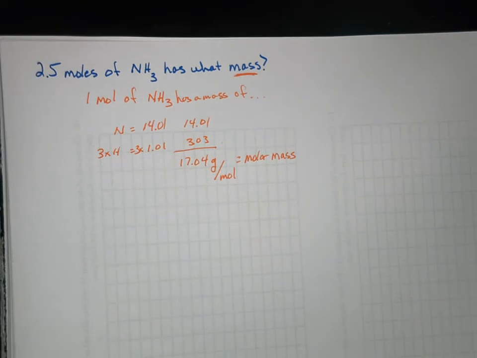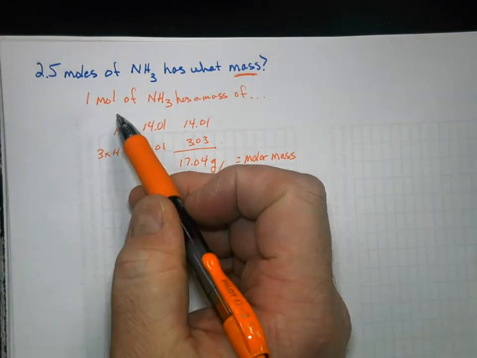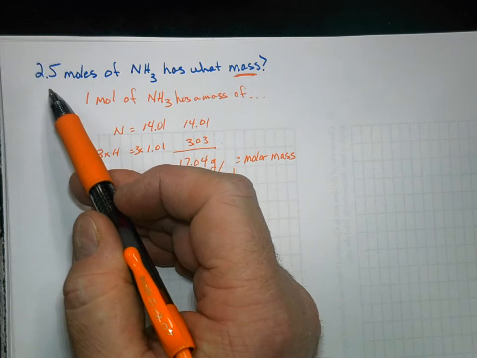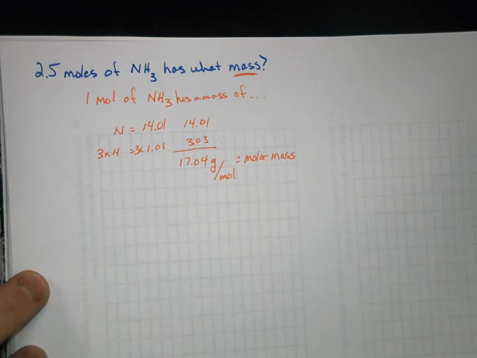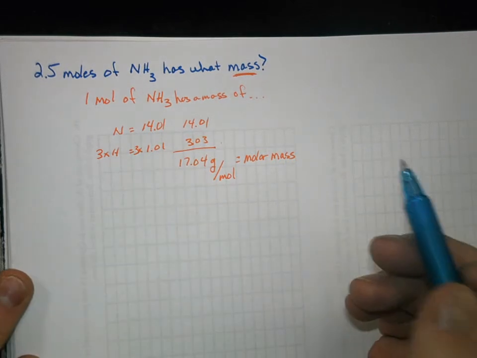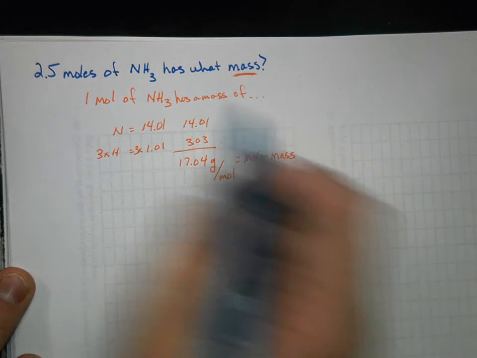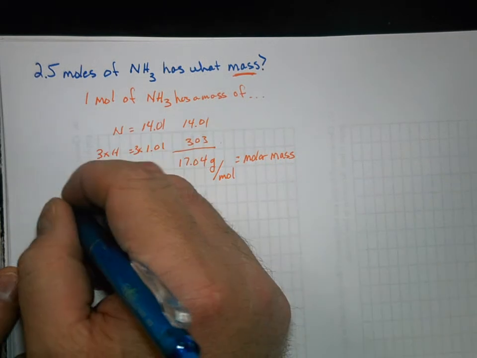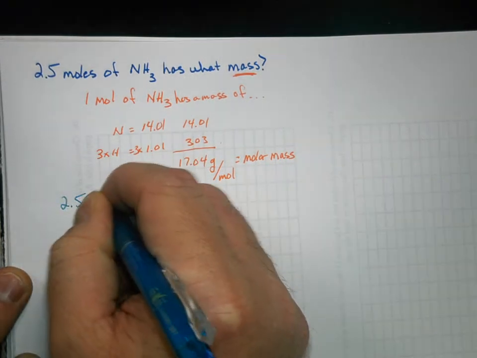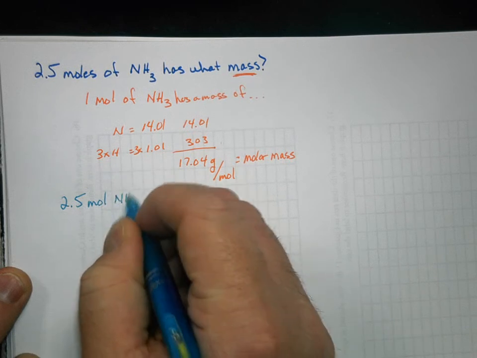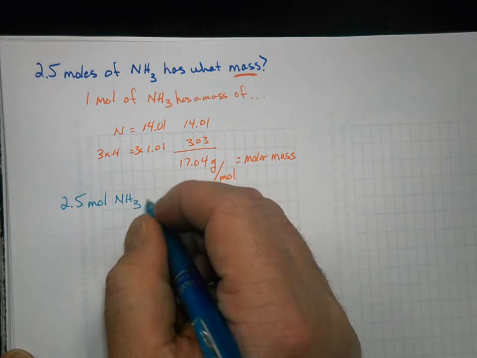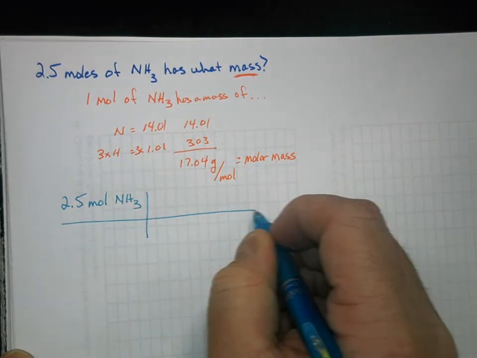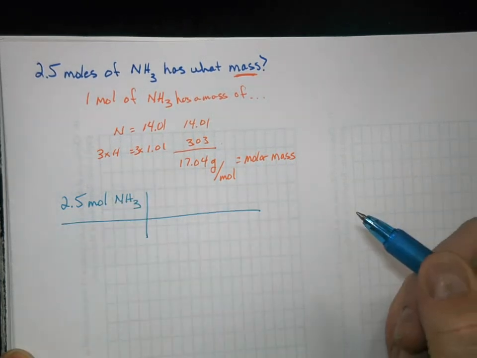So if this is the mass of 1 mole, 2.5 moles would be what? We're going to start with 2.5 moles of NH3, and put it into our dimensional analysis grid.